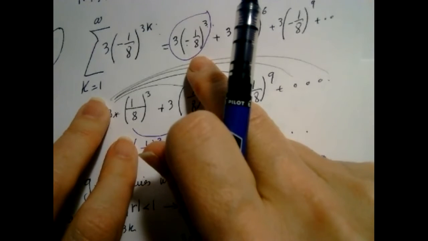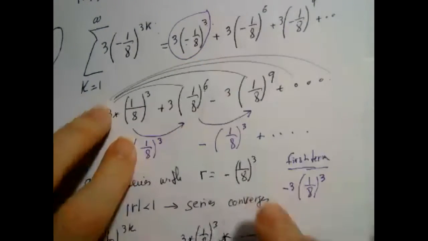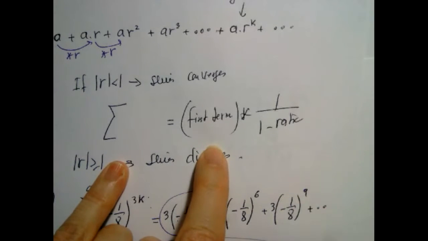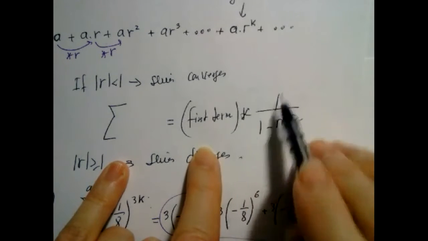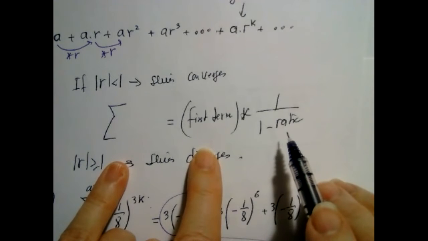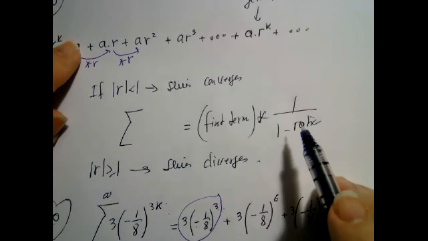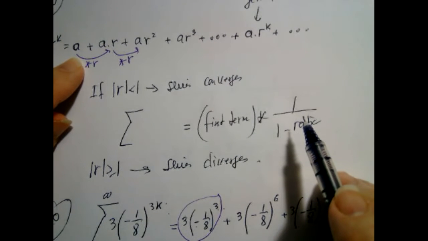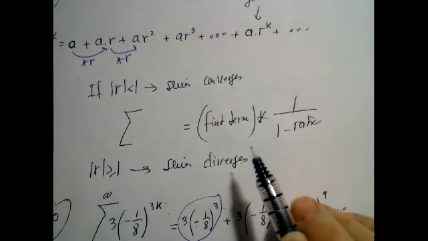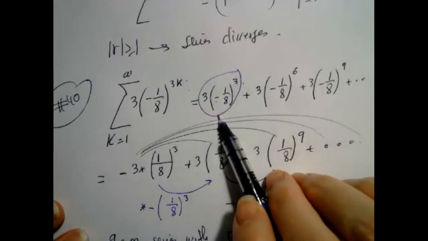That's why I wrote the formula yesterday in class in this way: the first term times 1 over 1 minus the ratio. That's the easiest way to memorize the formula. Regardless of what the first term is, it's the first term times 1 over 1 minus the ratio. So in my case, that's the first term.